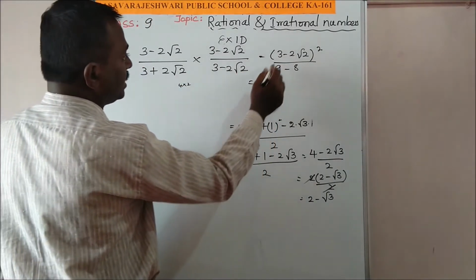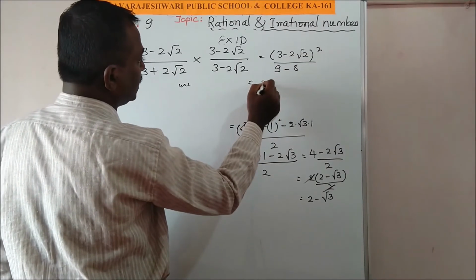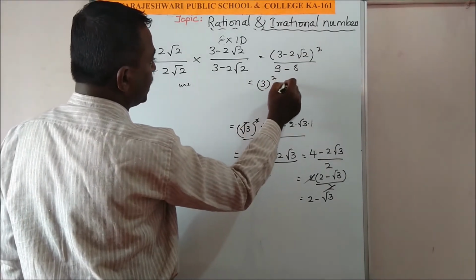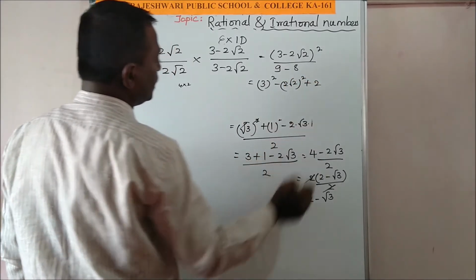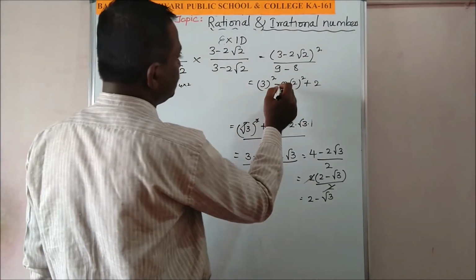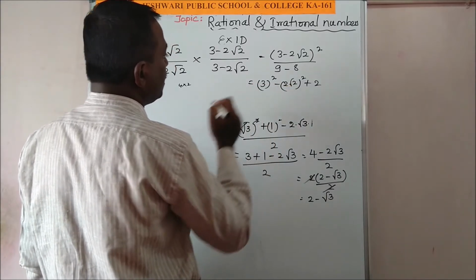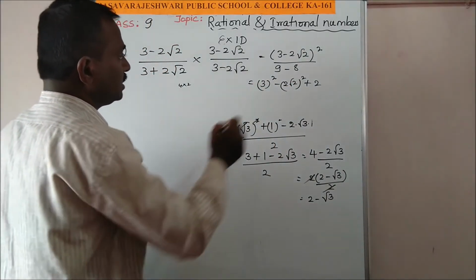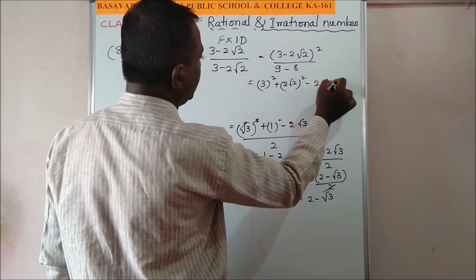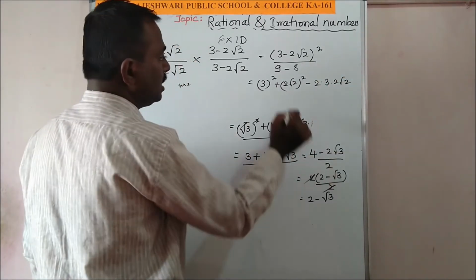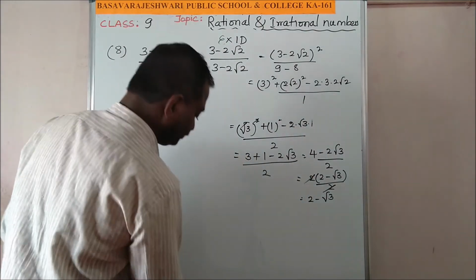So expand (a minus b) whole square: a square minus 2ab plus b square. That is 3 square, plus (2 root 2) whole square, minus 2 into 3 into 2 root 2.